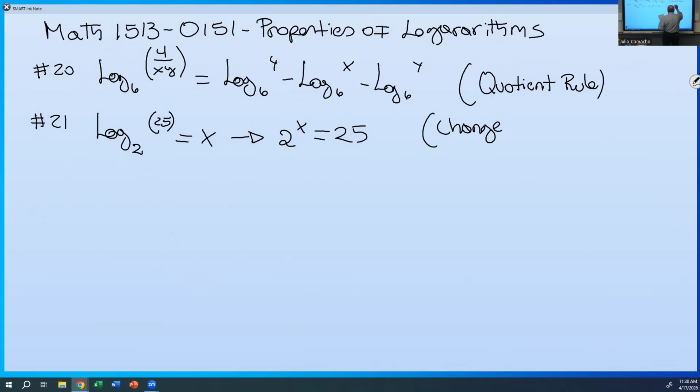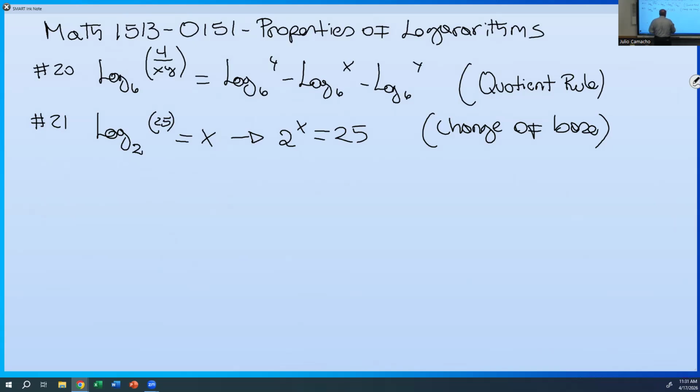Because there is no number that you can raise 2 to that will give you exactly 25, we have to change the base. And when you do that, you can pick any base for your number. It doesn't matter what base you use.